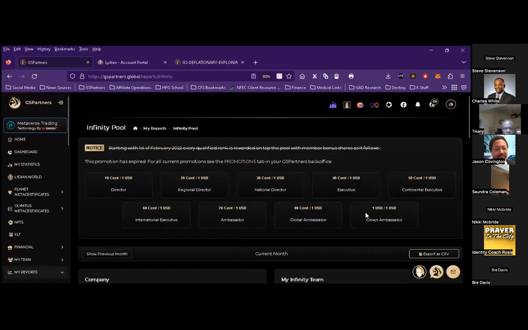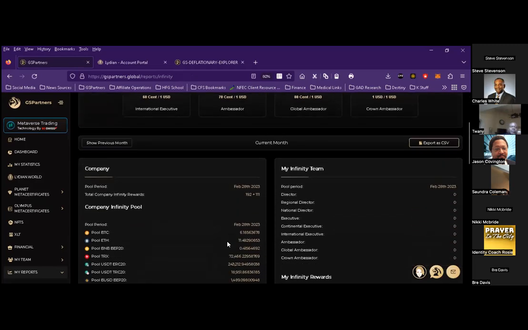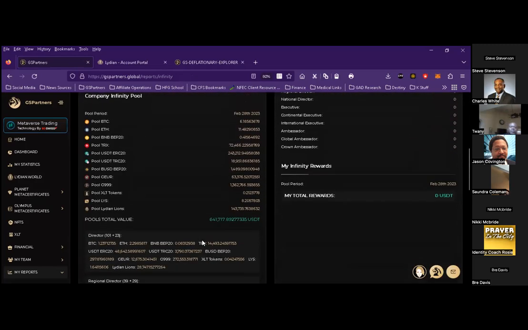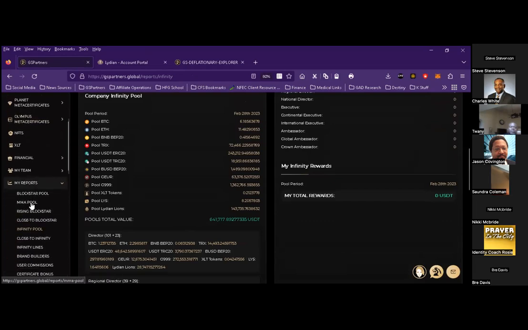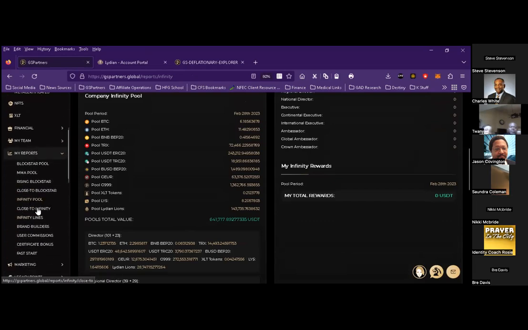All right, the Infinity Pool has additional information about this. So please read this. It's very close to what we showed with the MMA, the mid-month accelerator. So you'll get that information right there. Close to Infinity is very similar to the Close to Blockstar and Rising Blockstar pools.